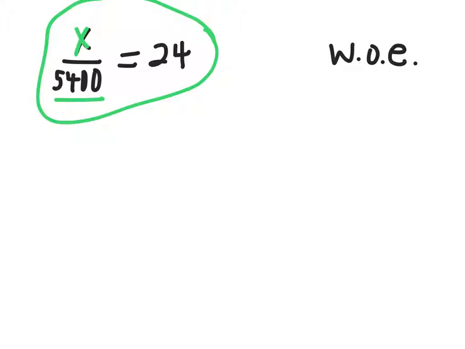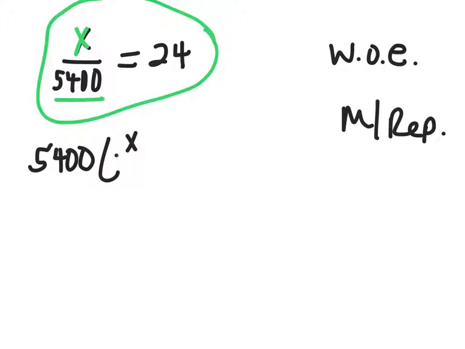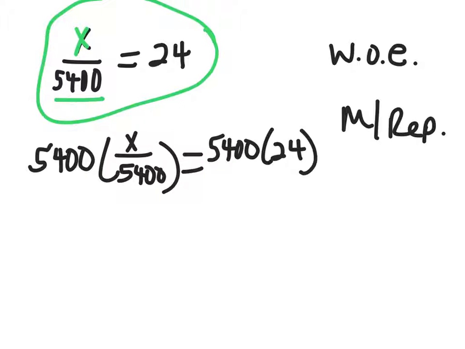Now we have a division, so we're going to multiply with the reciprocal. If I can get my pen to work. Okay, so we will multiply 5,400 equals 5,400 times 24.